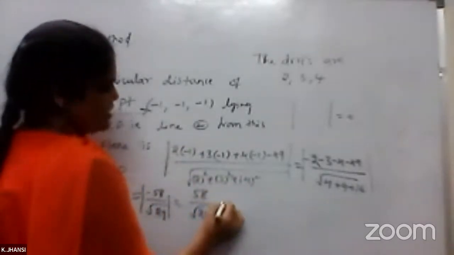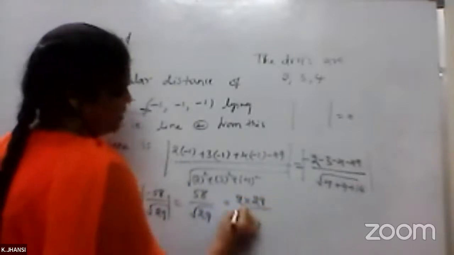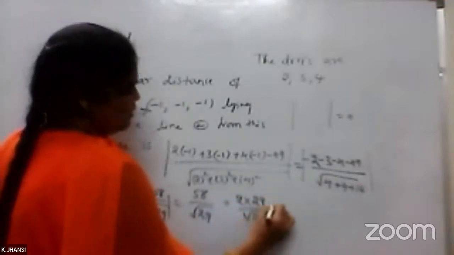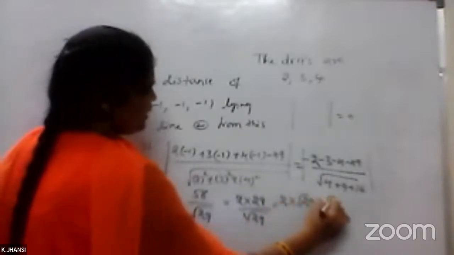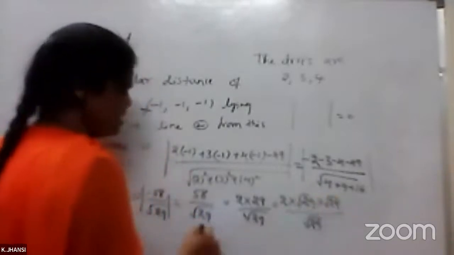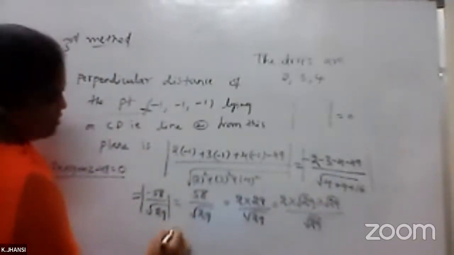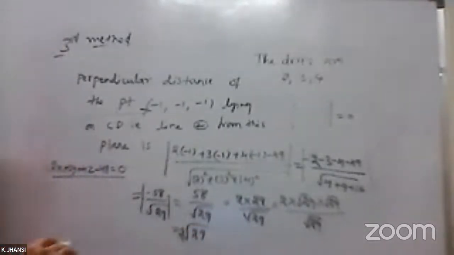58 means, similarly, 2 into 29 by root 29. You can write it as 2 into root 29 into root 29 by root 29. Both will get cancelled. So it is equal to 2 root 29. Okay. So from the three methods, we got the same shortest distance.